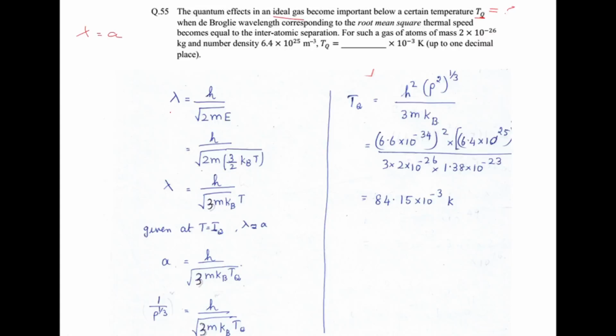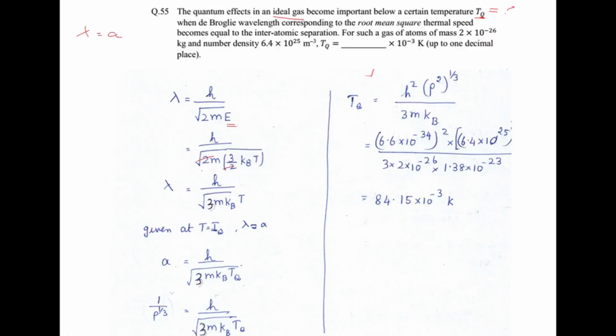First, we will write that the de Broglie wavelength lambda is equal to h divided by root of 2mE. Here we have to find the value of E. According to the equipartition theorem, we can write the E value as 3 by 2 kBT. By simplifying it, cancelling this 2 and this 2, we will get h divided by root of 3m kBT.